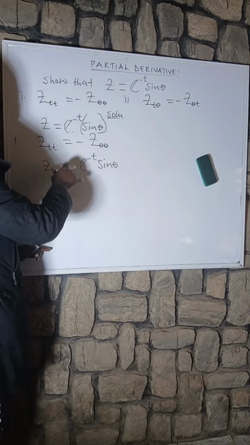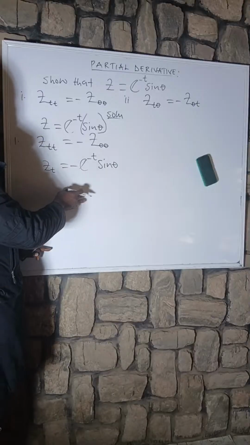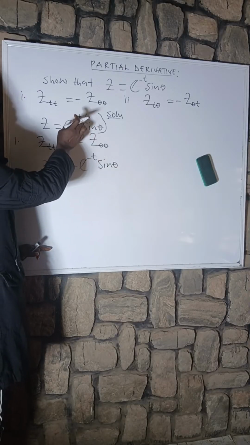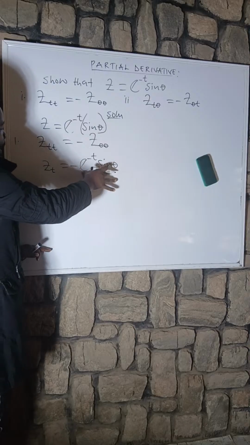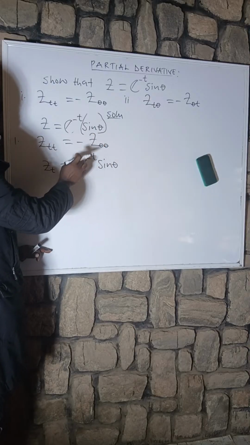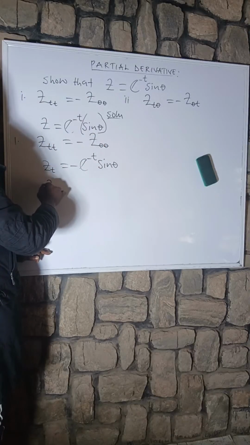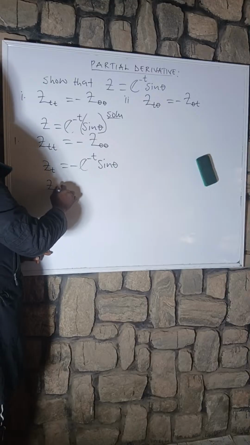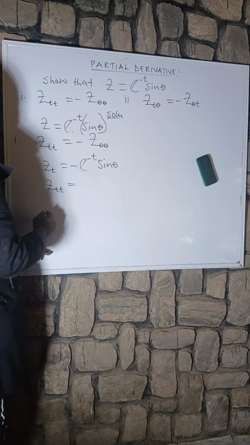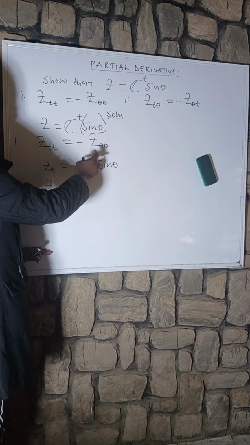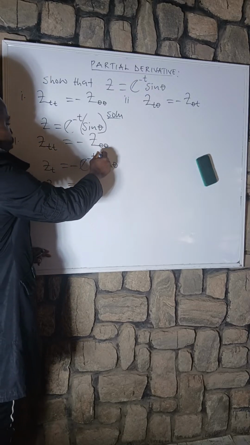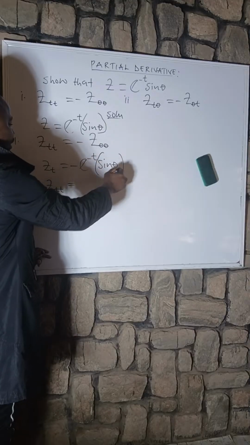Differentiate the function how many times? Twice. So you come back to this one to differentiate it again to make it twice, right? If you differentiate this, the same thing, you will hold this one constant.